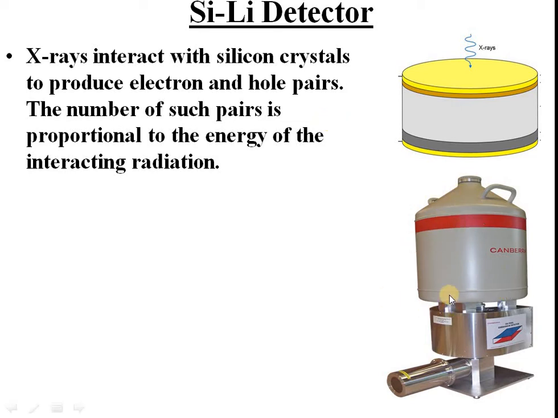This is a cryogenic setup used to hold the Si(Li) detector, because the detector has to be maintained at very cryogenic temperatures, maybe -70 or -100 degrees Celsius. So you need a cryostat. Within the cryostat, the crystal is maintained so as to avoid the generation of thermally induced minority carriers.